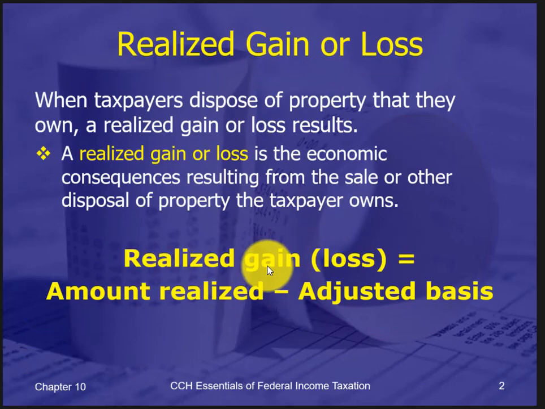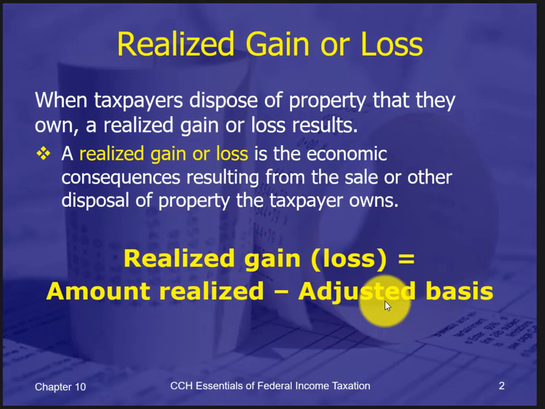So the basic underlying concept in the tax law is that a realized gain is the difference between how much you realize minus your adjusted basis. Realize means you actually have money. You've exchanged one asset for another, typically cash, but other assets may be involved as well.